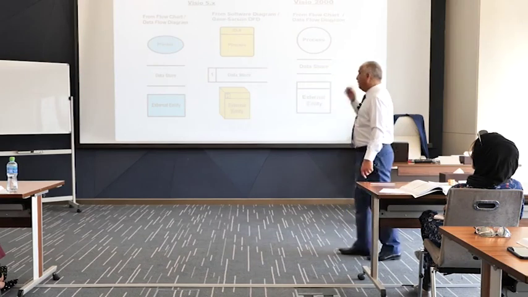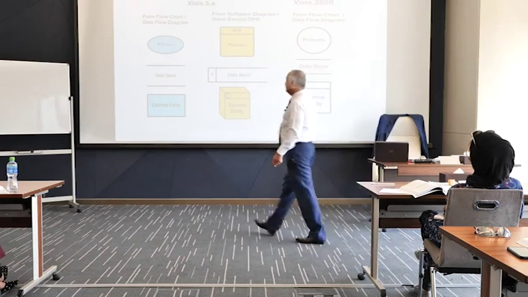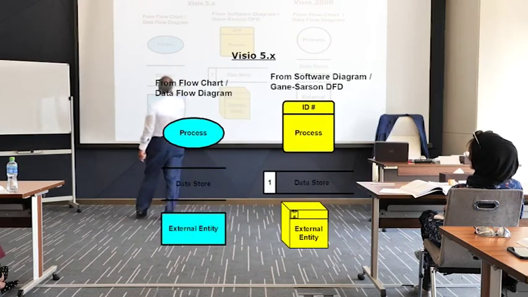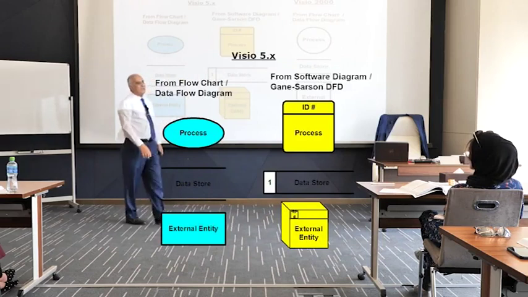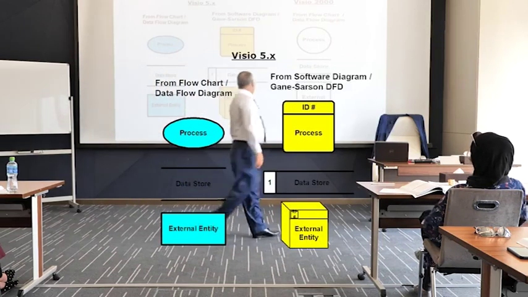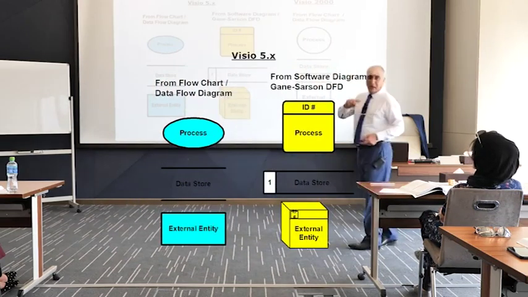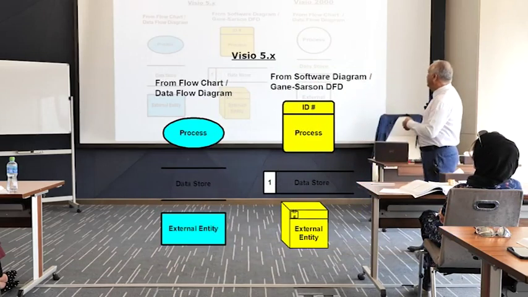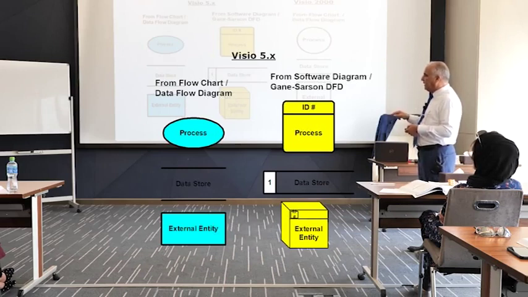We have different schools of representation. One school has the process in a circle. Another one is more oval-shaped. Another one, we have the data file. In this one it is drawn as two lines with the data file name, like customer name, course name, student name.